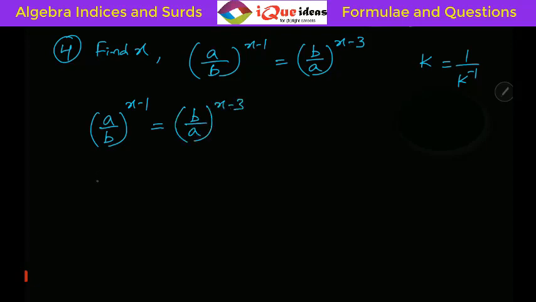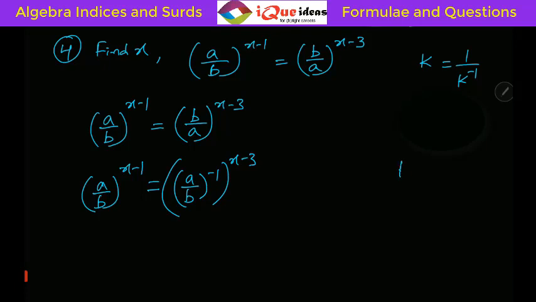So this can be written as, let's say a by b to the power x minus 1, we keep the left hand side same. But on the right hand side, we say it is a by b raised to the power minus 1 whole to the power x minus 3. So what we are saying is b by a is eventually equal to a by b raised to the power minus 1. Okay. Right, we can directly say that.